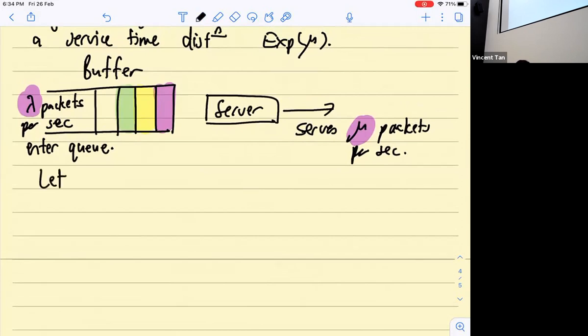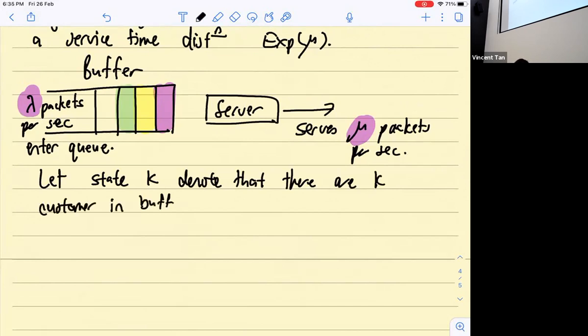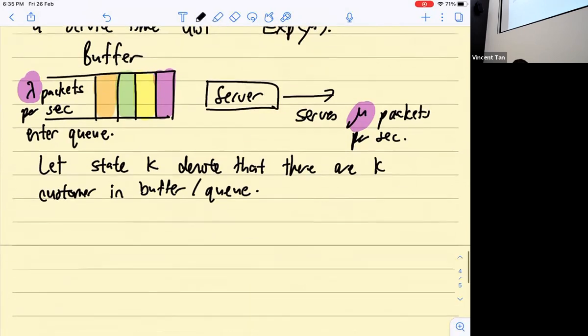Let state K denote that there are K customers in the buffer or queue. Right? So we basically have K customers in the queue. In this particular situation, the way I've drawn it, we have 4 customers in the queue. They have yet to be finished being served.